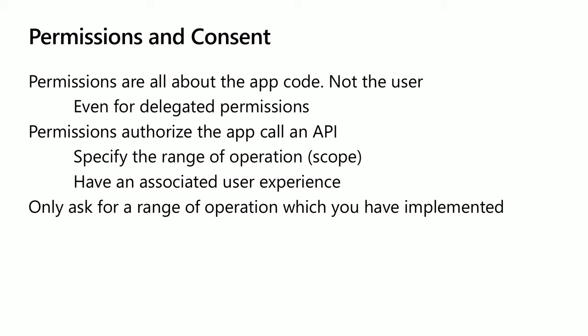And that might be a stair step up in permissions because you're saying, well, I'm going to ask for directory read instead of user read because that seems like it's an easier permission. But you're now asking for functionality you didn't actually develop for. So it's important that you as a developer only ask for the privileges or the permissions for code you've actually written. Right? That helps everybody keep a much more secure posture around what they're doing.